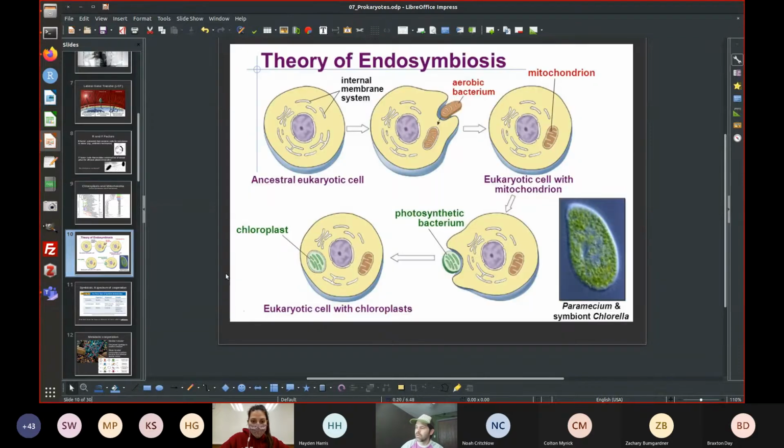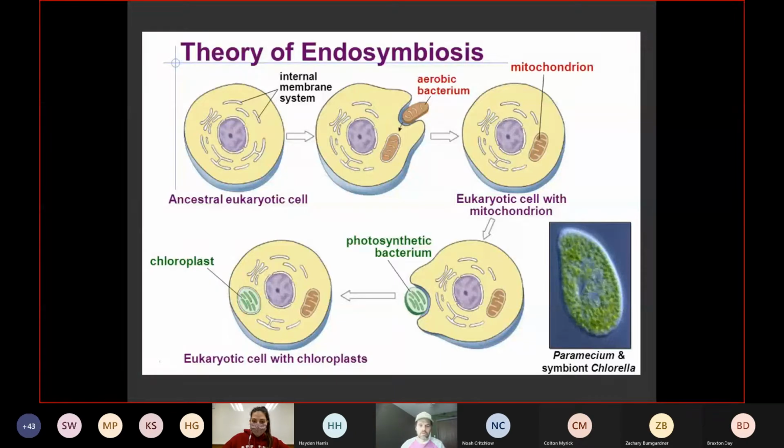So here's the theory of endosymbiosis. Got it full screen for you. We're saying that we've got this eukaryotic cell, and it swallowed an aerobic bacterium that became mitochondria.